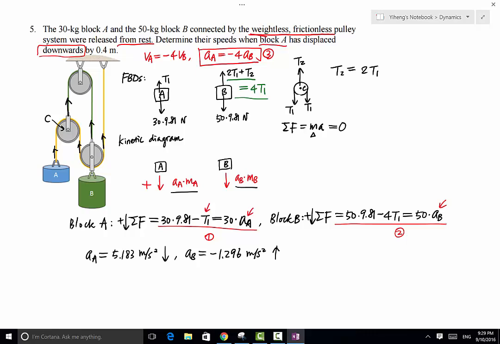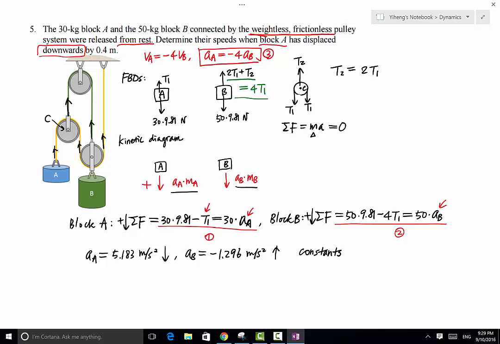For that, recognize that AA and AB are both constants. The reason you know they are both constants is because our previous analysis applies to any time, and will not change with time.